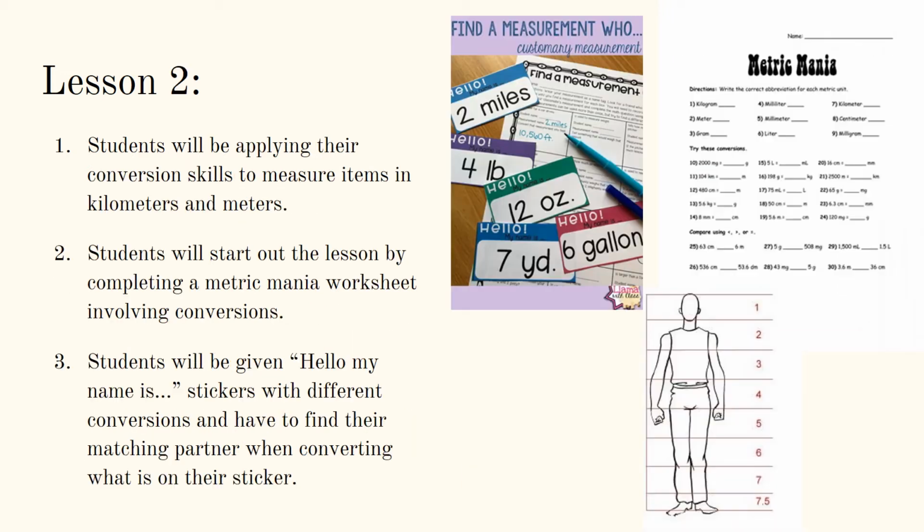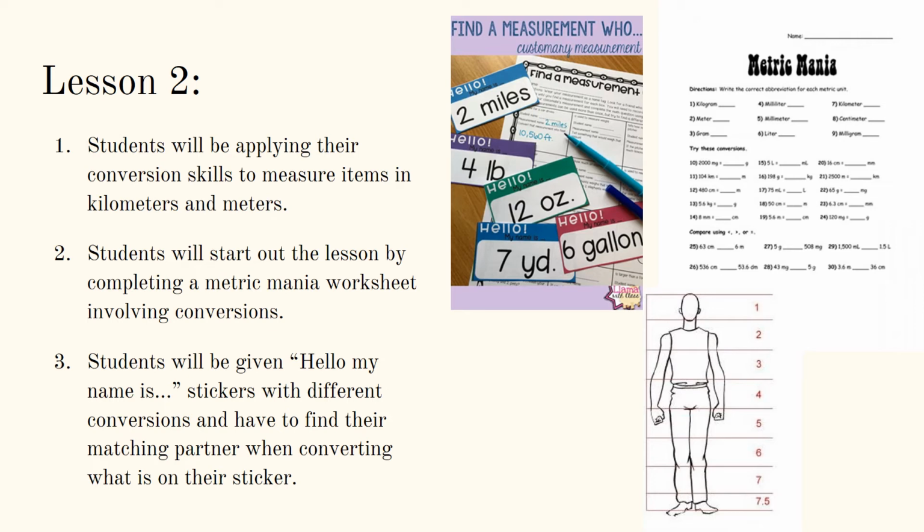And then for lesson 2, students will be applying their conversion skills to measure items in kilometers and meters, and they are going to start out the lesson by completing a Metric Mania worksheet involving conversions. At first they're going to be writing down the abbreviations for all of the different measurements, such as kilometers would be km, meters would be m, and then they will go on to actually converting different measurements.